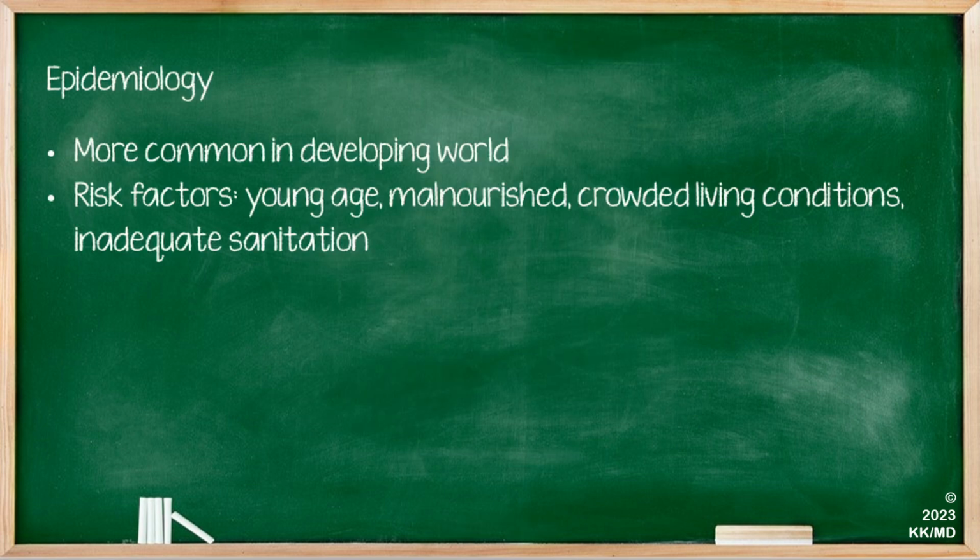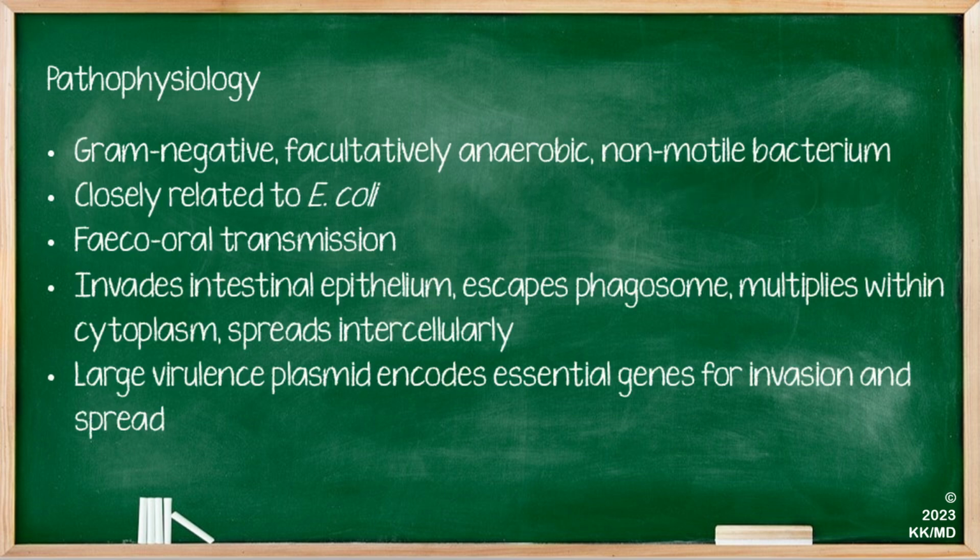The epidemiology of Shigella is that it's more common in the developing world. Risk factors include young age, malnourishment, crowded living conditions, and inadequate sanitation. Shigella's pathophysiology is that it is a gram-negative, facultative anaerobic, non-motile bacterium. It is closely related to E. coli.